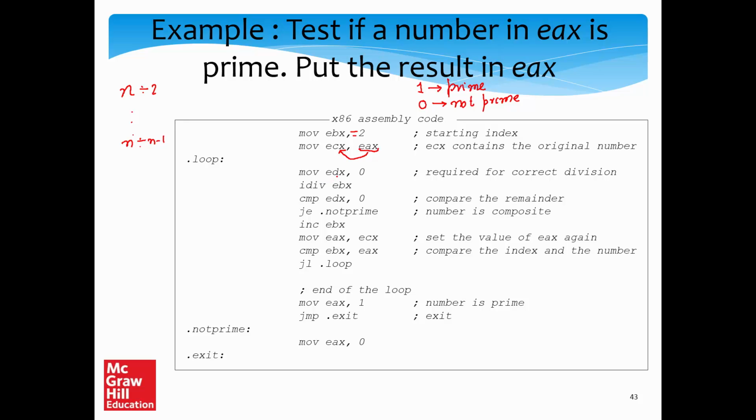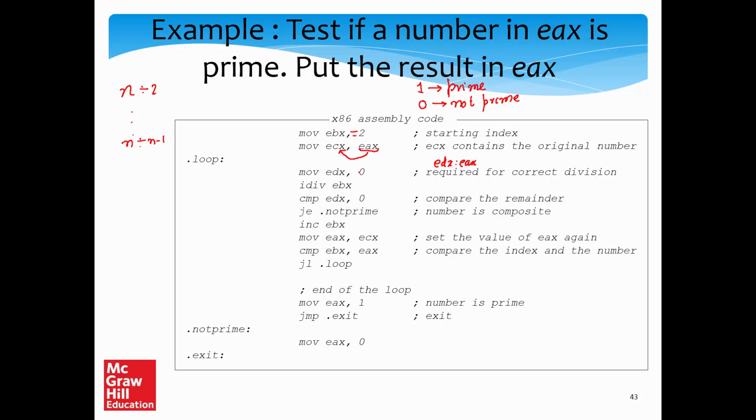Since the original number is in EAX now, this is required for correct division. Recall that the IDIV instruction actually needs a 64-bit number in EDX and EAX. Since the original number is in EAX also, we can go ahead with the division, but we need to set EDX.